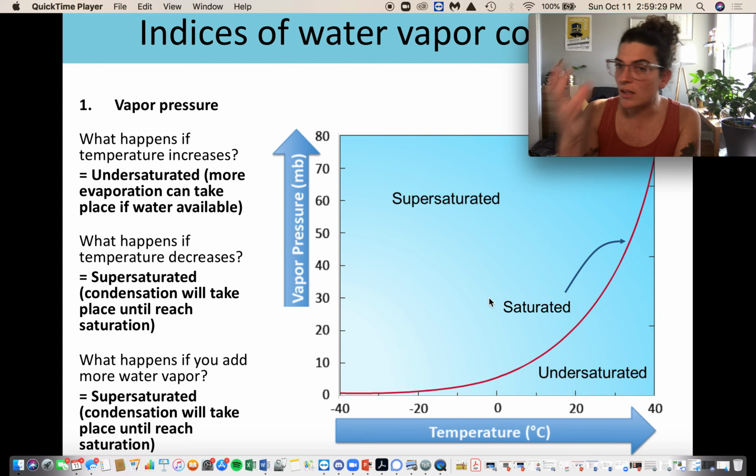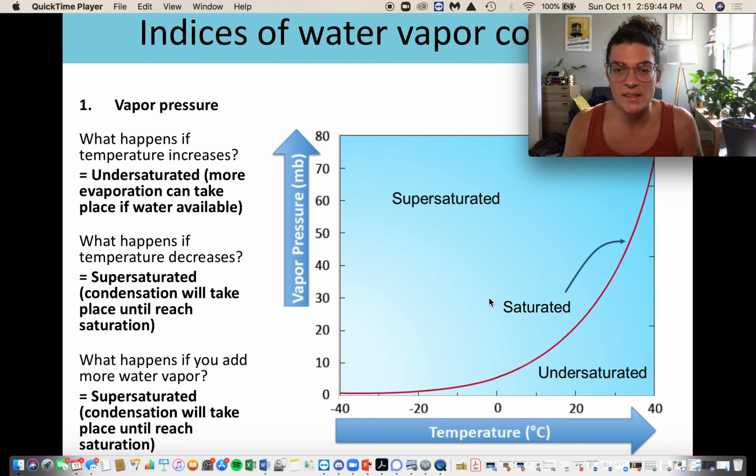And if you get a lot of liquid water in the air, you form a cloud. That's what a cloud is. It's a collection of liquid water droplets resulting from saturated air that started to condense.